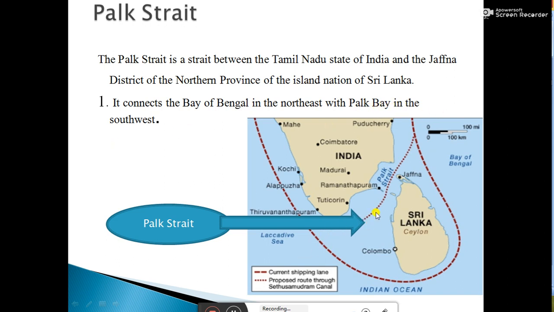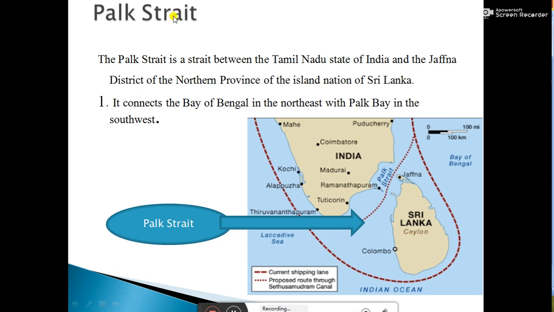This is Palk Bay, this is the Bay of Bengal, and this is Palk Bay, which is connected by the Palk Strait. The Palk Strait is a strait between the Tamil Nadu state of India and the Jaffna district of the northeastern portion of the island nation of Sri Lanka.